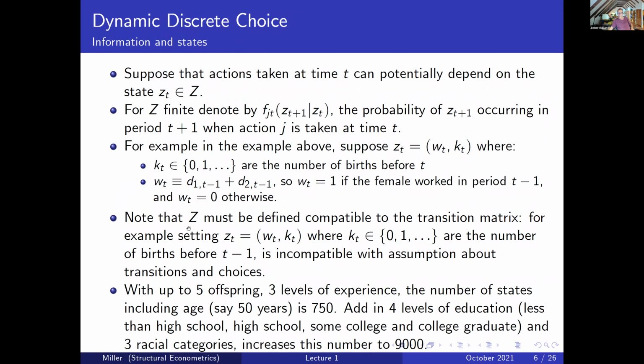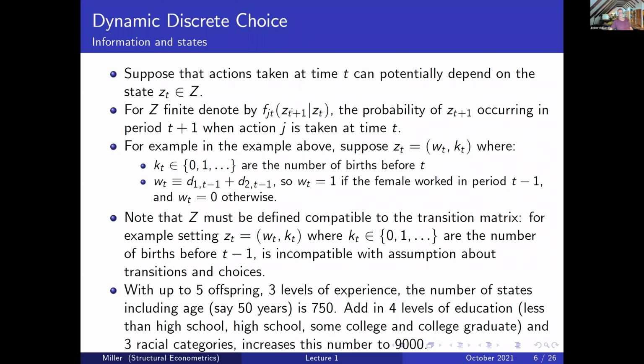And when we're thinking about the state, we want it to be compatible with what we'll call the transition matrix. The transition matrix is going to tell you, here's your state today, here are your background characteristics today, here are the choices that you make today, and here's the probability distribution of what the background characteristics are going to be tomorrow. Okay?